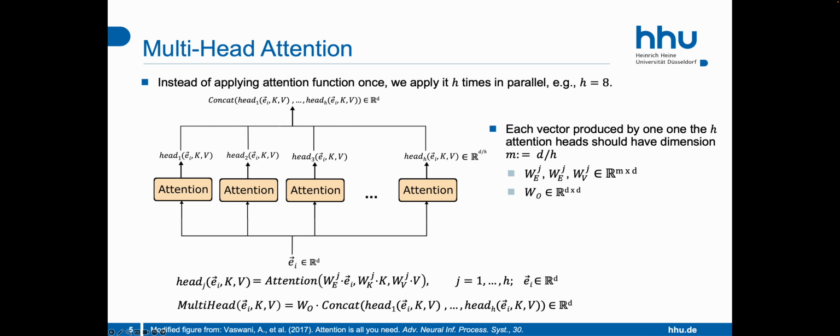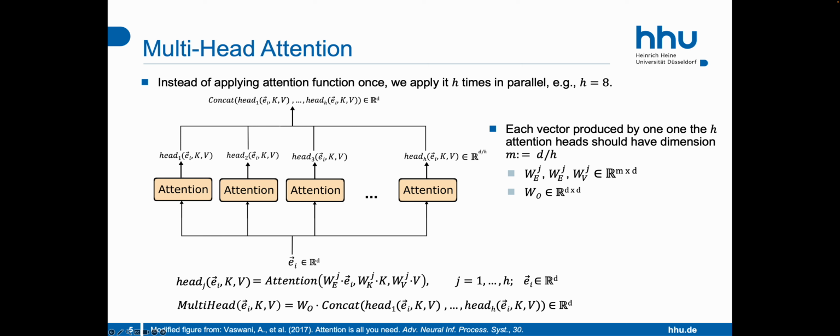In order to get a vector in the end that has the same length d as the initial vector EI, we want that each attention head produces a vector of reduced size. This reduced size is d divided by the number of attention heads h, and we call this reduced dimension m. To achieve this, the matrices WQ, WK, and WV must have dimension m times d, because multiplying an m by d matrix by a d-dimensional vector results in an m-dimensional vector.